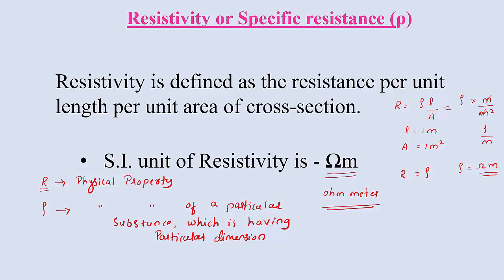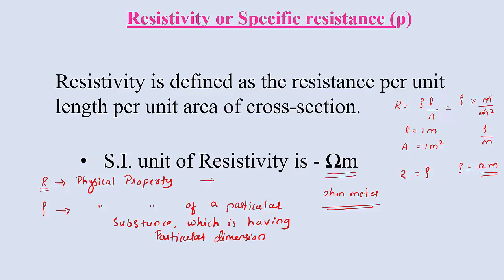So resistance is the physical property of a conductor which opposes the flow of current. Resistivity is also a physical property of a particular substance having particular dimensions.